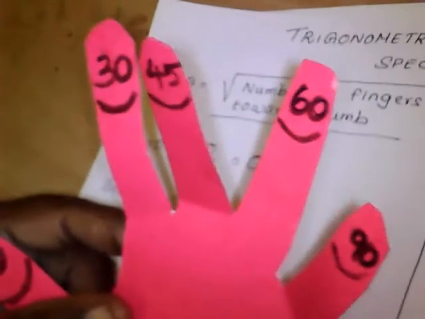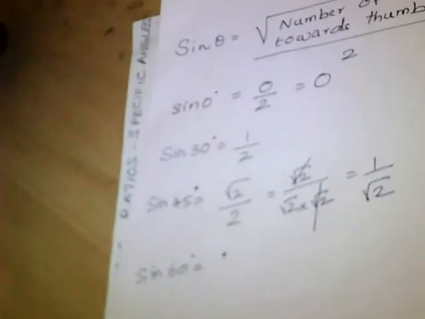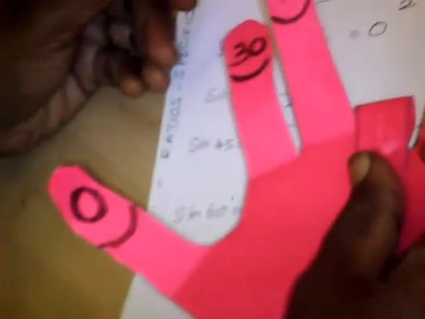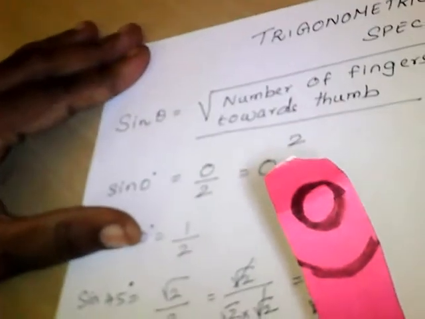Okay, next let me find sin 60 degree. So now 60 degree is asked. So what am I doing? I am folding 60 degree finger. Formula is root of number of fingers towards thumb divided by 2.